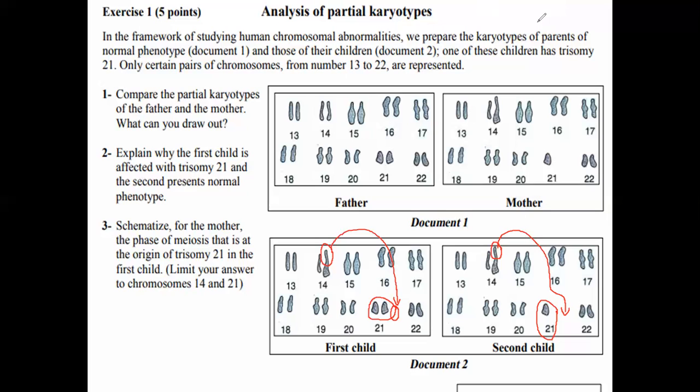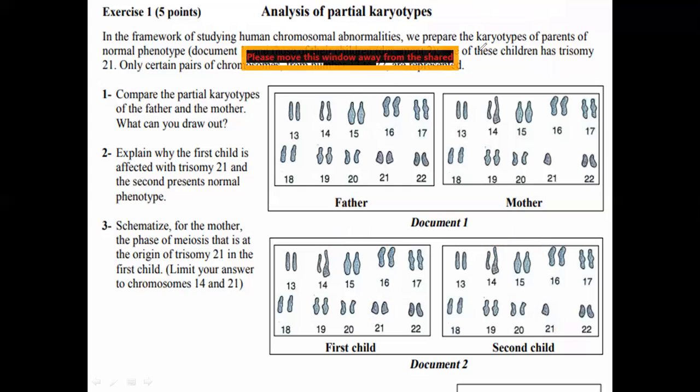Here, the phase that is responsible for such an abnormality is anaphase 1. So you have to schematize chromosomes at anaphase 1, showing chromosome 14 and chromosome number 21.